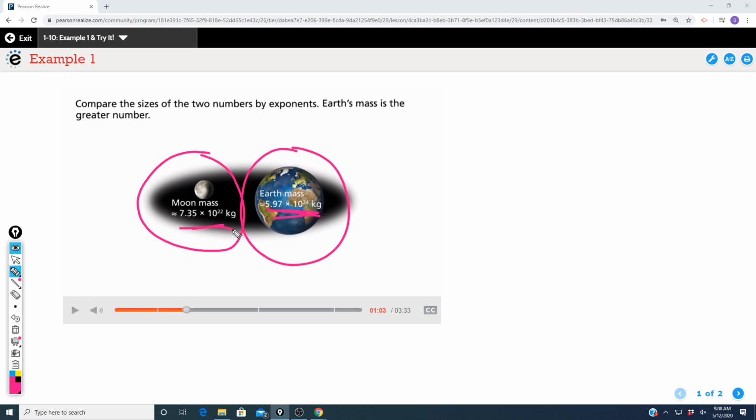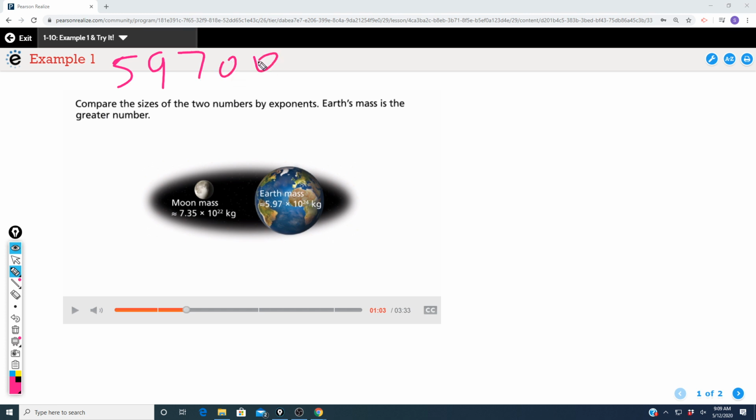Now, if we were to subtract the Moon's mass from the Earth's, we could write out 5, 9, 7, and all these zeros.